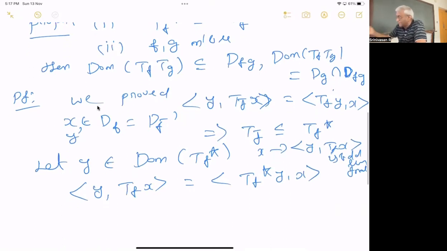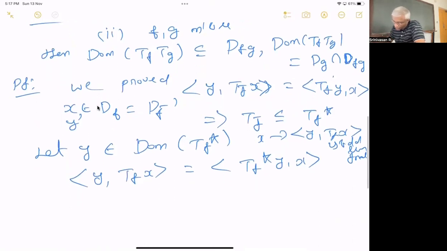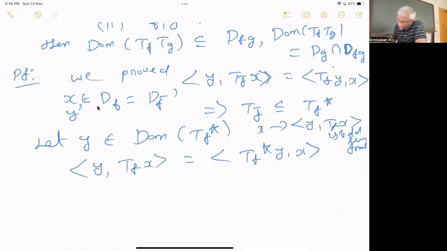We assume that, and it satisfies this property. Now we want to prove that y is actually in the domain of T f or T f bar, but both have the same domain. That's what we want to prove. For that, we have to prove the integral condition. The domain of T f is D f, which is all those functions satisfying that the integral of mod f squared is finite.